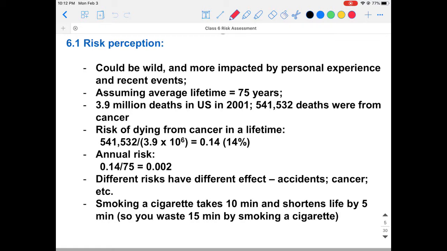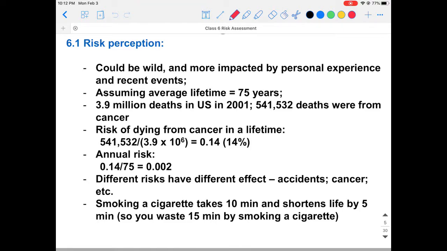Then, based on the statistics, there were around 3.9 million deaths in the United States in 2001. Among these deaths, around 540,000 came from cancer. So how do we calculate the risk from cancer?